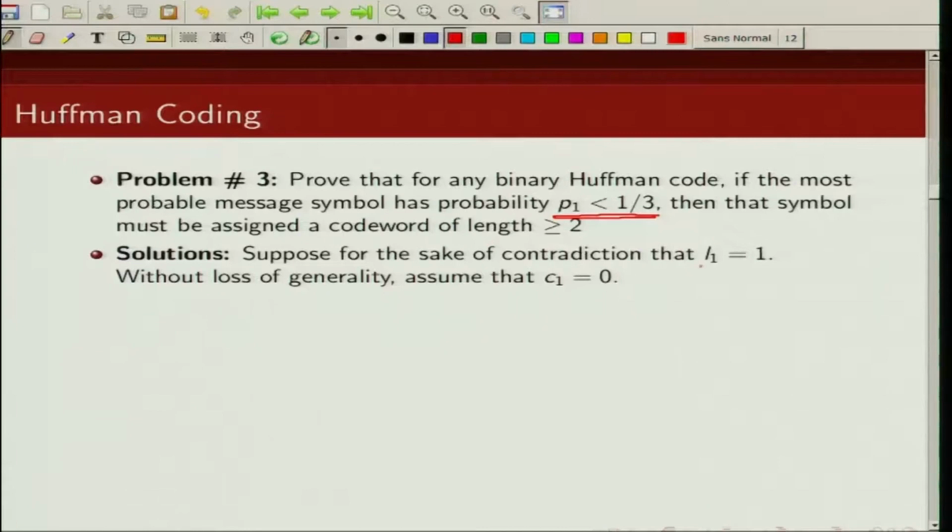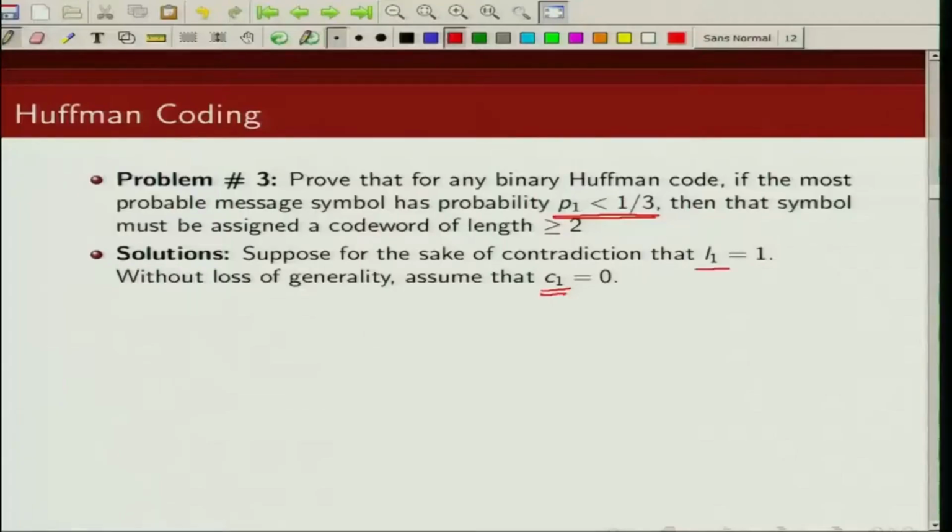So let us assume that C1 is our message symbol which has probability P1, which is less than 1/3, and without loss of generality we are assuming that this has a code word of length 1, and that the code word is 0. So what we are seeing is a situation like this.